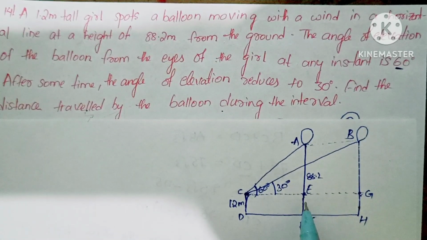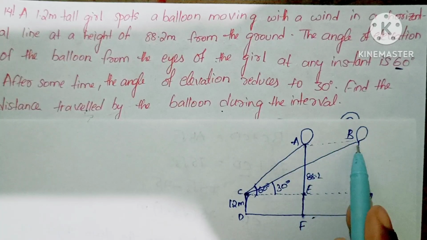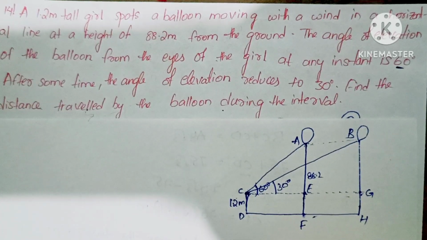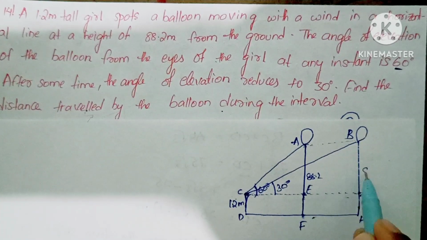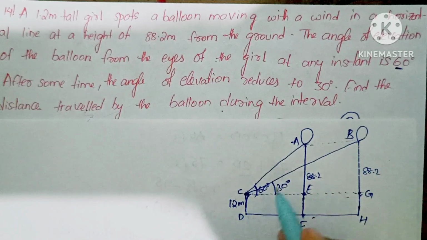We have to find EG, that means from here to here how much distance it travels. So first let us find CG and CE. Subtract CE from CG, then you will get the answer. This total height BH is 88.2.